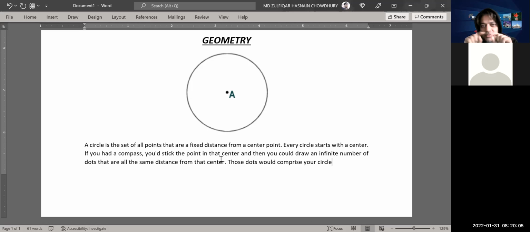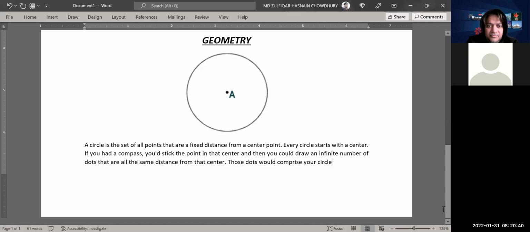Okay, so this thing is not one point, it's a set of many points, right? So all the points from this are equally distant from the center. Every circle starts with the center.